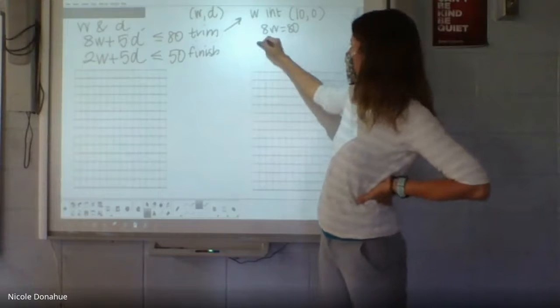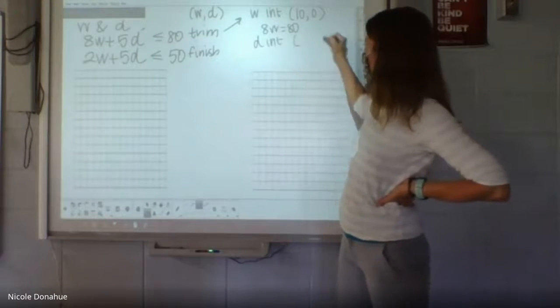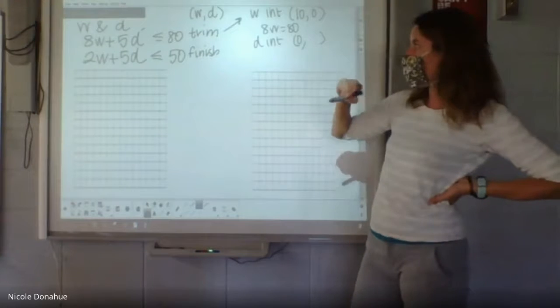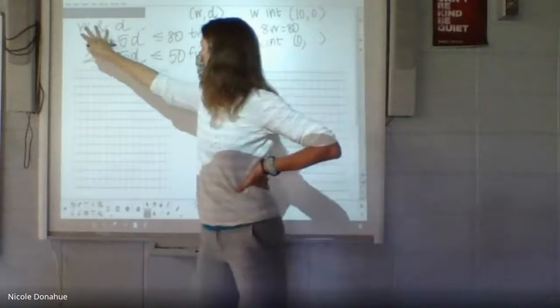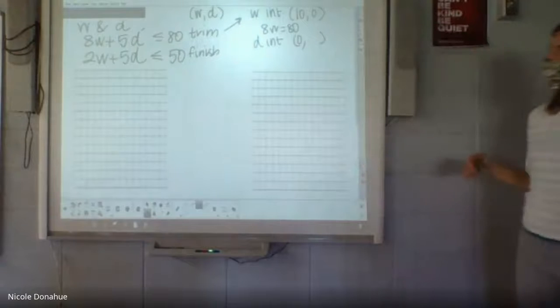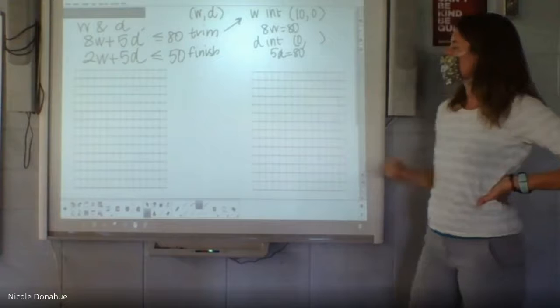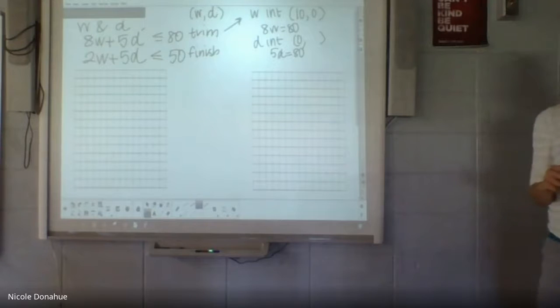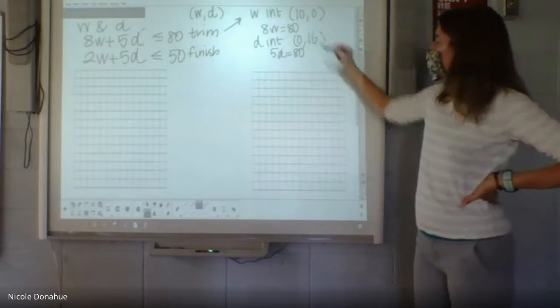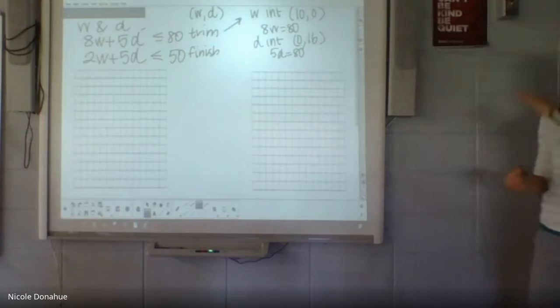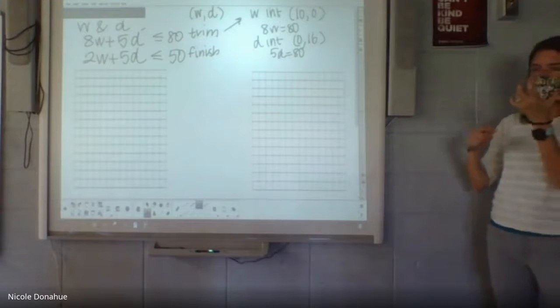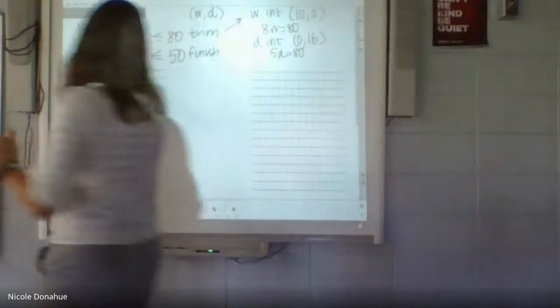The D-intercept is where the wallbanger is 0, so 80 divided by 5 would be 16. So 10, 0 and 0, 16 are the 2 points I'm going to put on my graph for this first function.